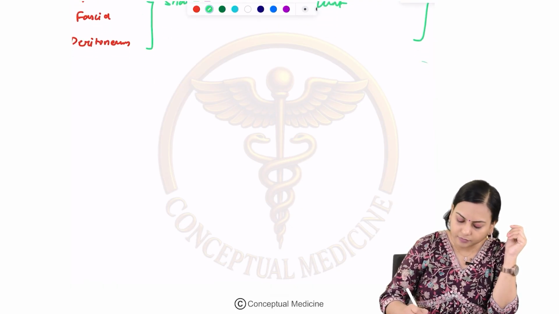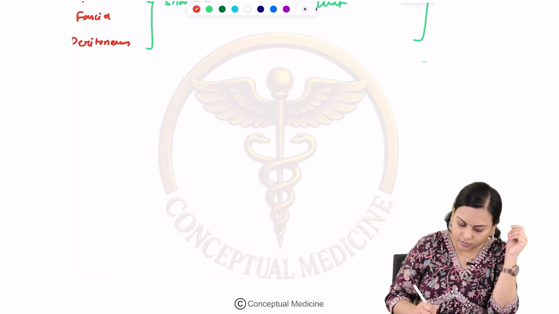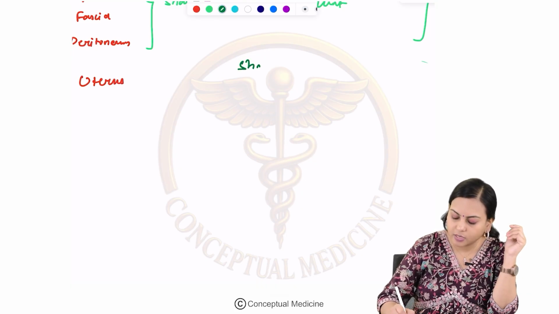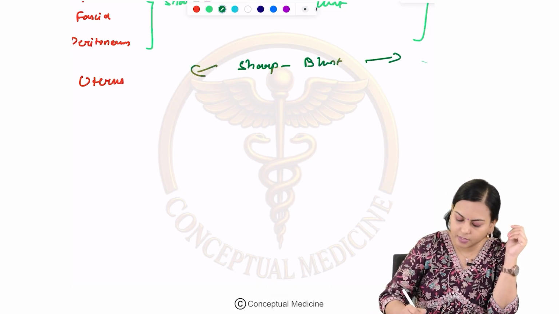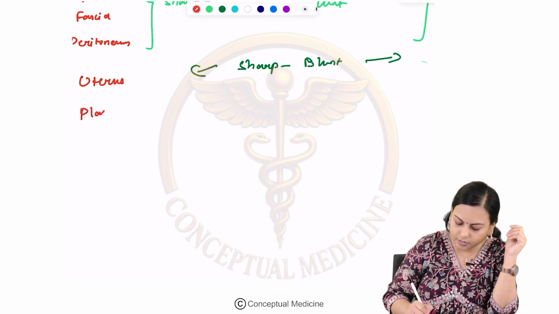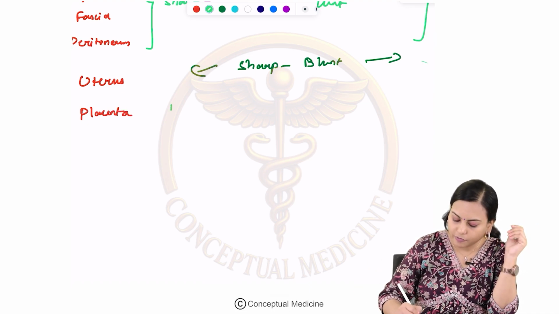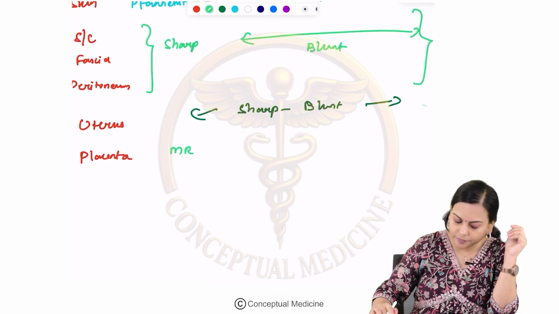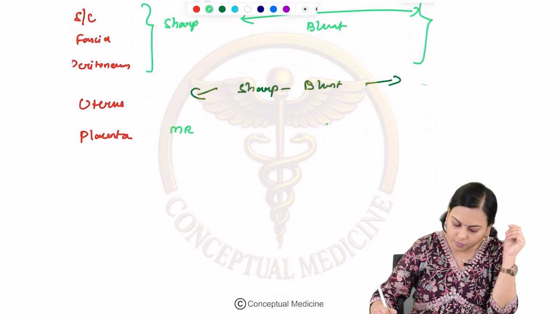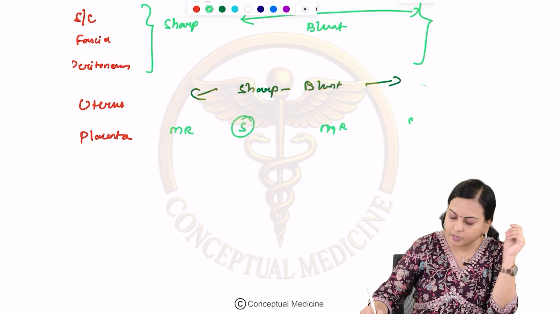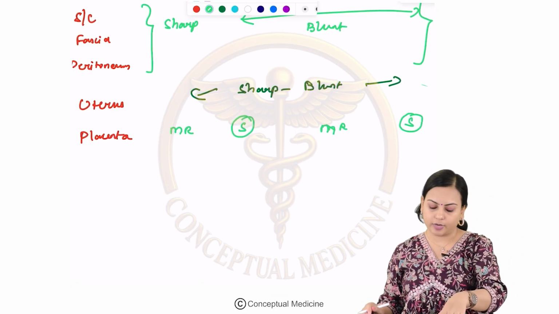Then for the uterus, first we'll be making a sharp incision followed by a blunt incision in all the 3 types. Then we'll be entering and delivering the fetus, and then removing the placenta. A manual removal of placenta is indicated in the Pfannenstiel type, whereas it can be allowed for spontaneous delivery in the Joel Cohen and Misgav Ladach techniques.